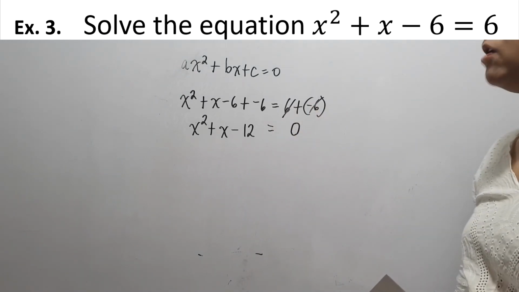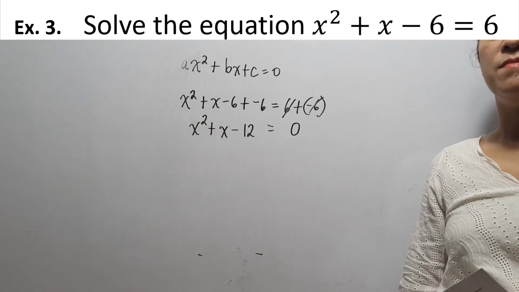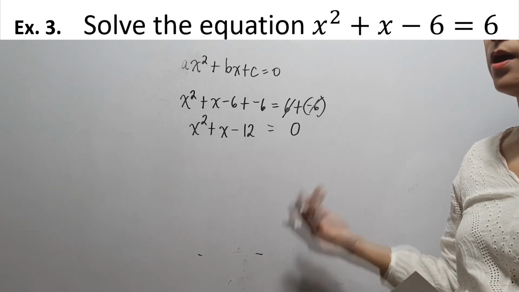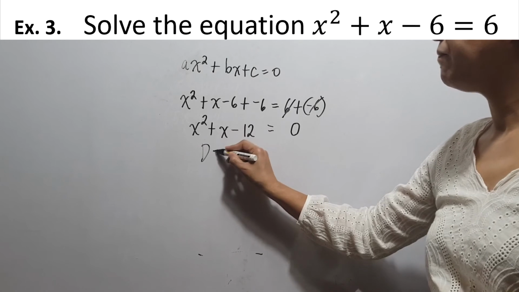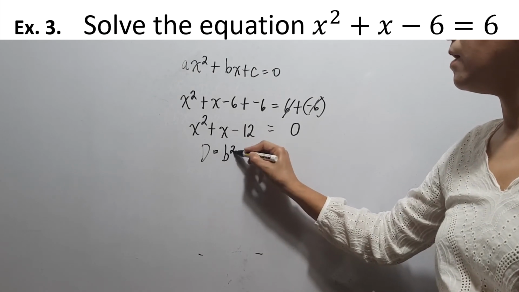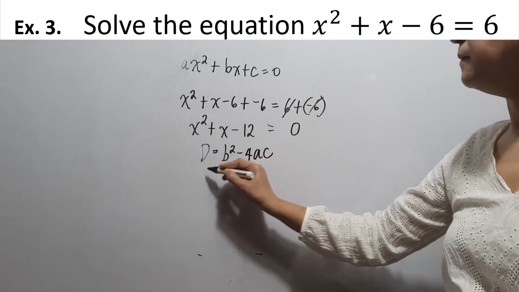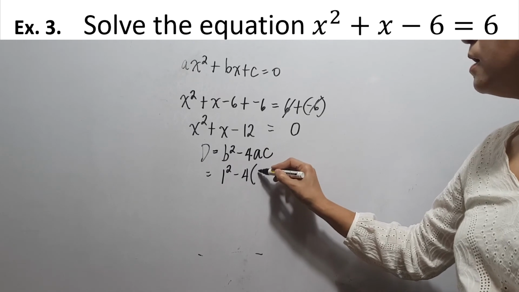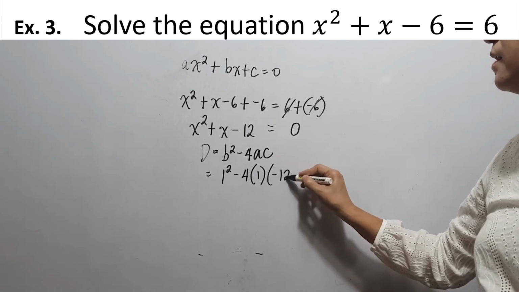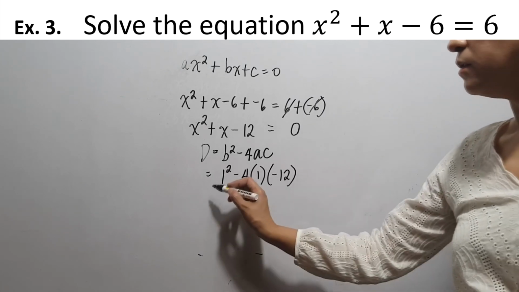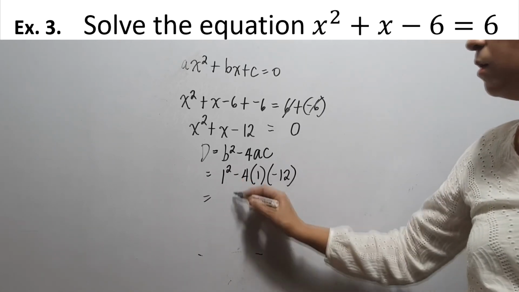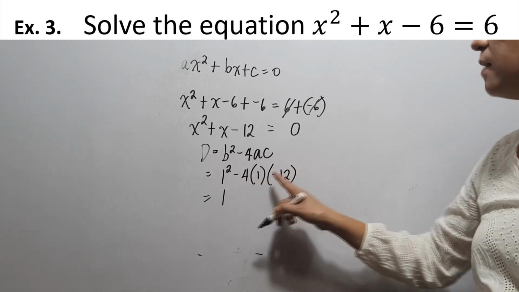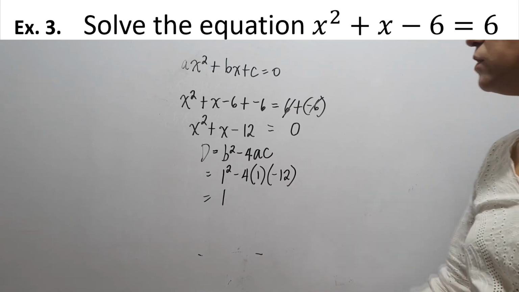Tingnan natin ngayon kung the discriminant, yung test for factorability, kung perfect square yung ating discriminant. So, D is equal to b squared minus 4ac. B is 1. So, 1 squared minus 4 times 1 times negative 12. 1 squared is 1, minus 4 times negative 12, which is negative 48.